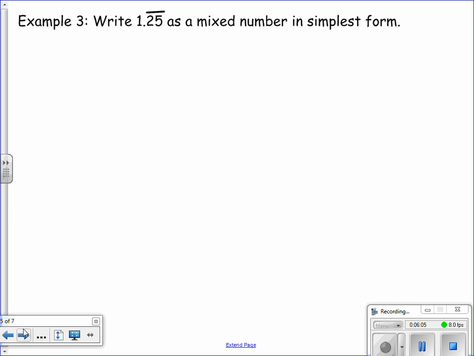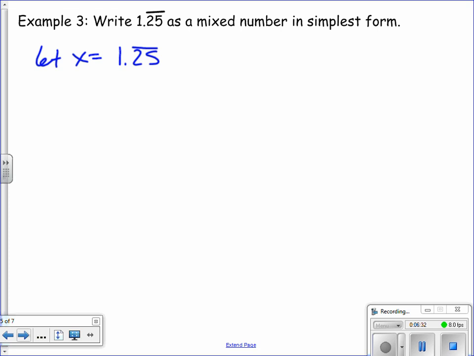Now example 3, we'll notice number 1, it will be a mixed number because we have a whole number and then the fraction. And we also now have 2 digits that are repeating. So our first step is to let x equal 1.25 repeating. I'm not going to write out all of our steps this time. I'm just going to show you what you would do when you're doing the work. So that's our first equation, x equals 1.25 repeating.